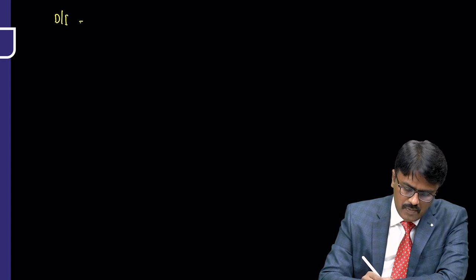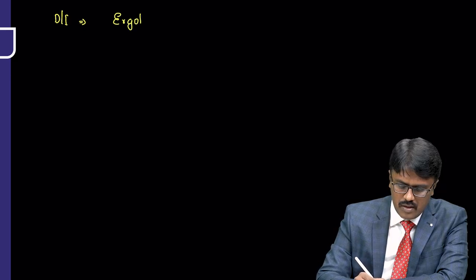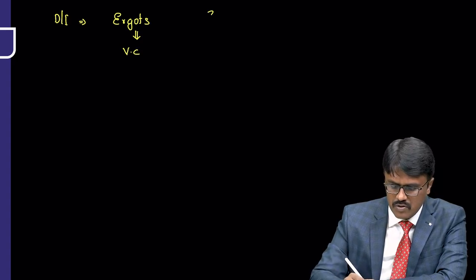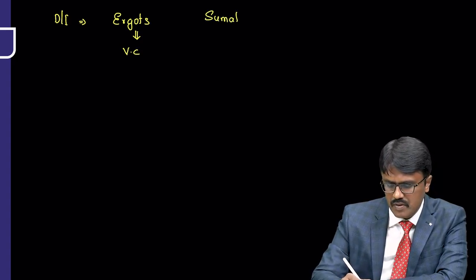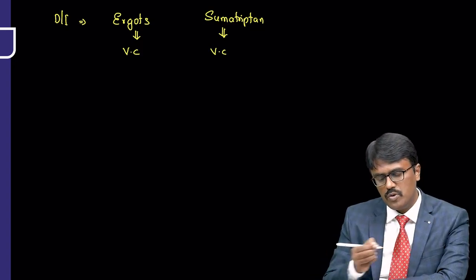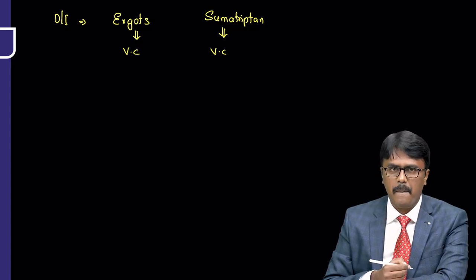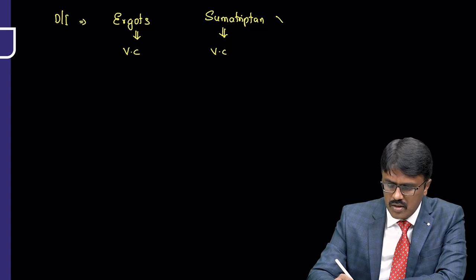Now, what is the drug interaction? Can we use with other drugs? Very, very important point. Suppose a patient is taking ergot. Ergots are also vasoconstrictor. If you want to give sumatriptan or any triptan, they are also vasoconstrictor. So the question is, can we give them together to treat headache? No. You should not use them together.